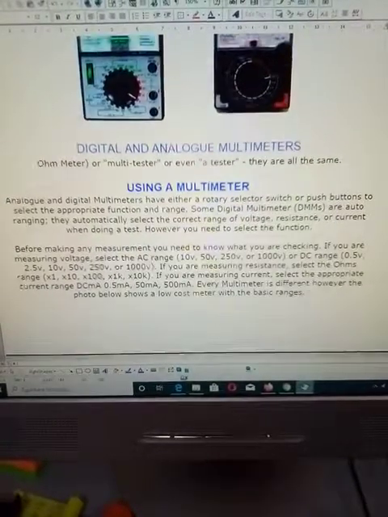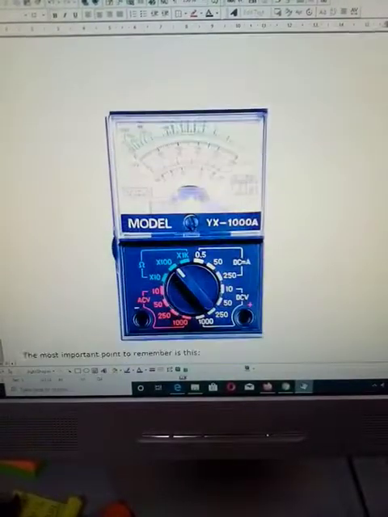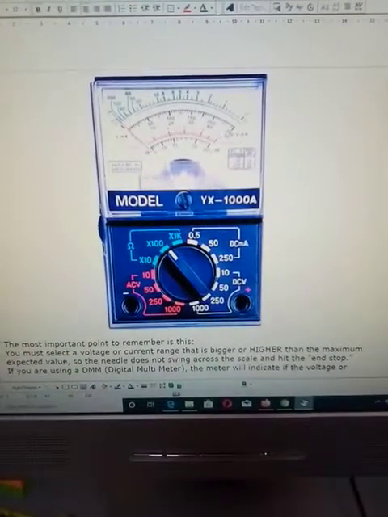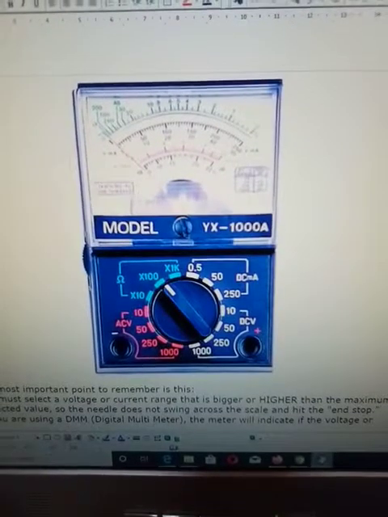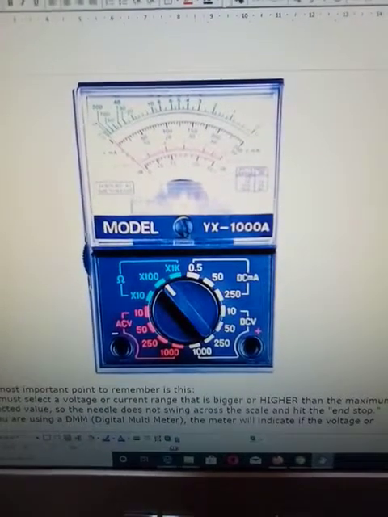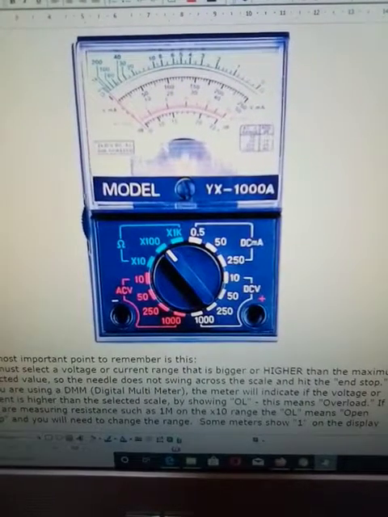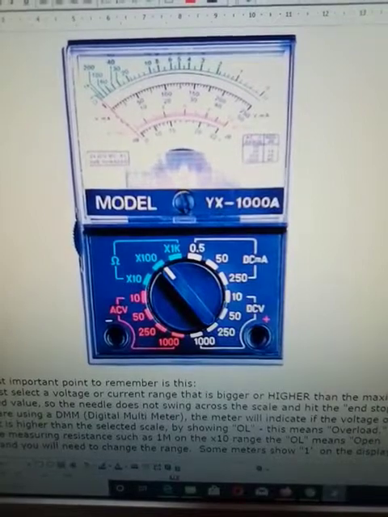Okay. All I'm going to do now is just going on this, okay, so you get a close view of it. Okay, and it's just rotary selector.